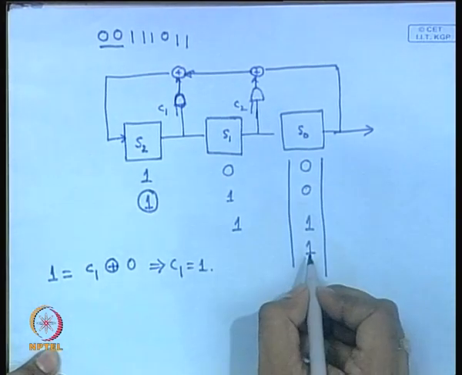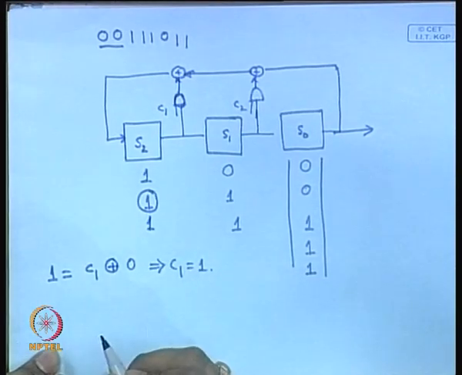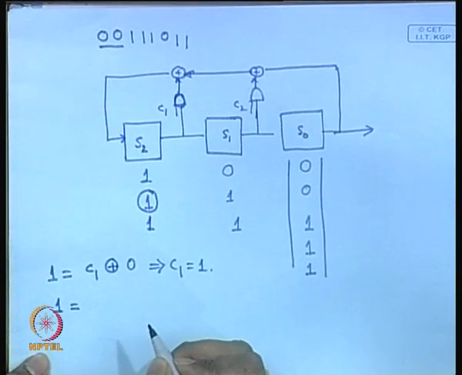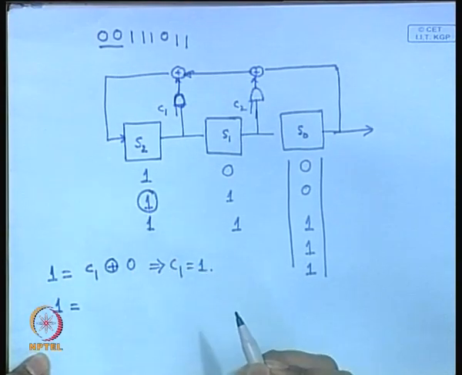What about the next thing? The next thing in the sequence is also 1. That means this is a 1 which is again to be fed back. So, you know that 1 is to be fed back.